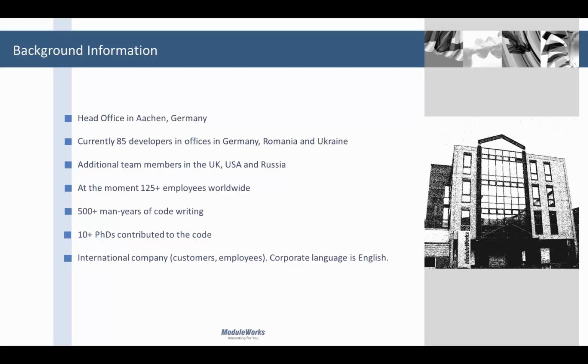As you may have gathered, we're an international company with international customers and also employees. At present, we have 50 nationalities of employees working for us, and our customers span throughout the whole world. And our corporate language is English to ensure good communication between our internal offices and also our customers.